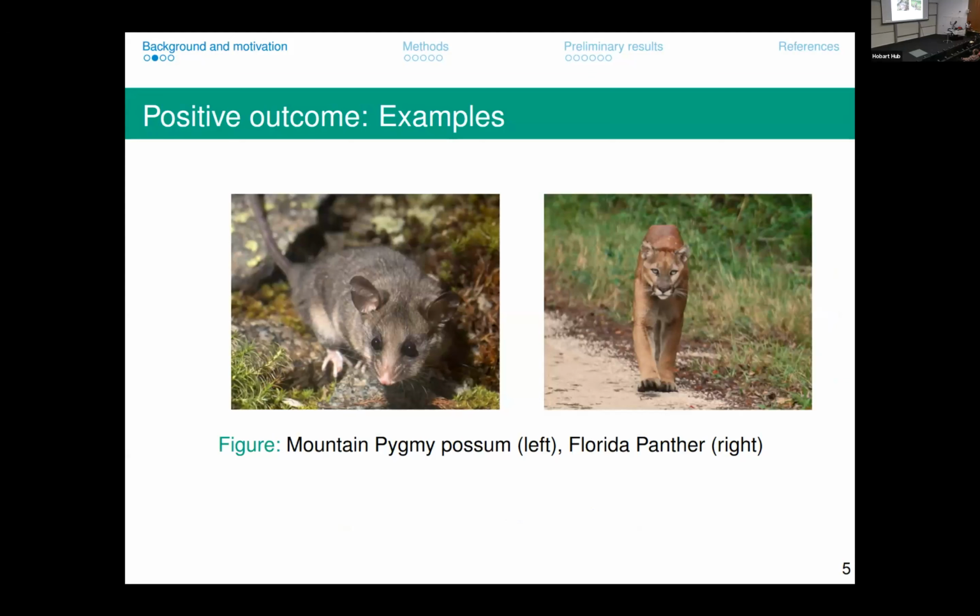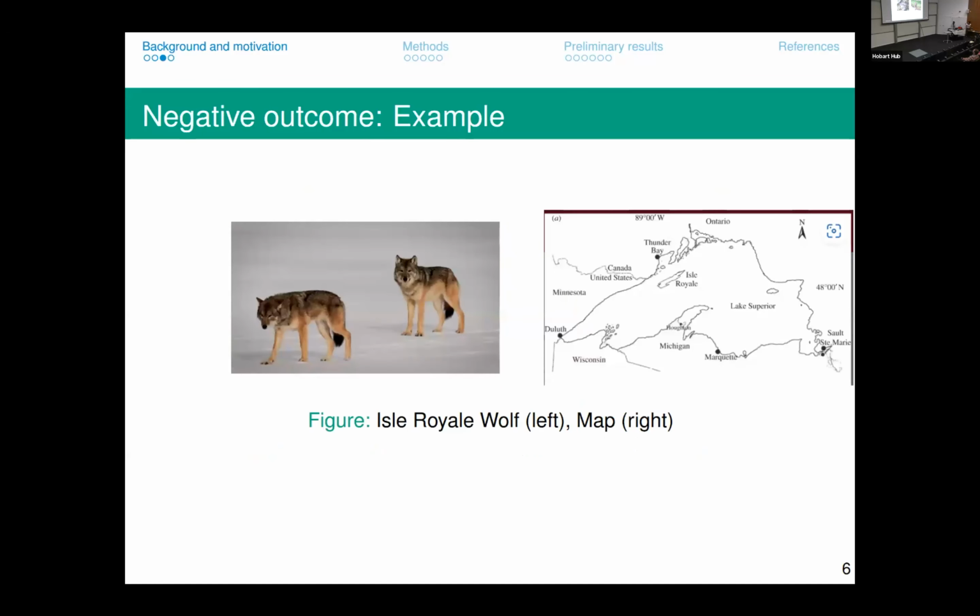This is observed in two species, the Florida panther and the pygmy possum. The Florida panther population was dwindling to about 30 individuals, but it has now improved to about 270. The negative outcome of genetic rescue is when the introduced and resident individuals produce offspring less fit than their parents.